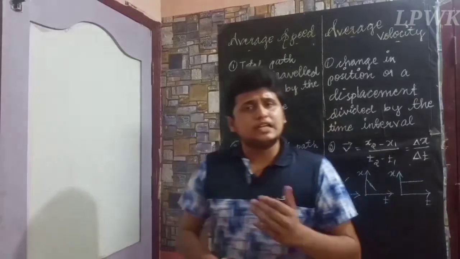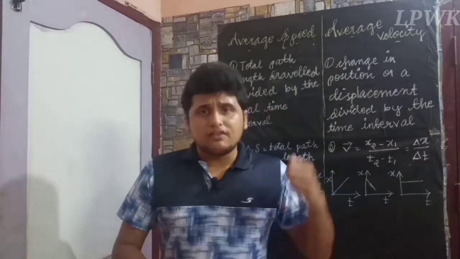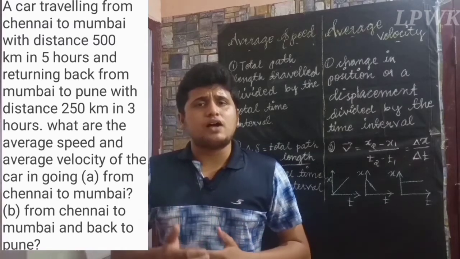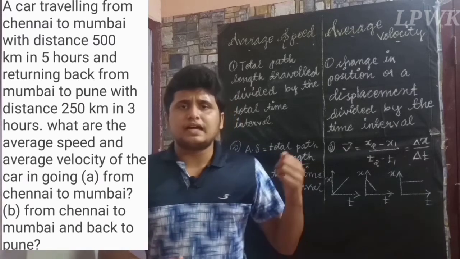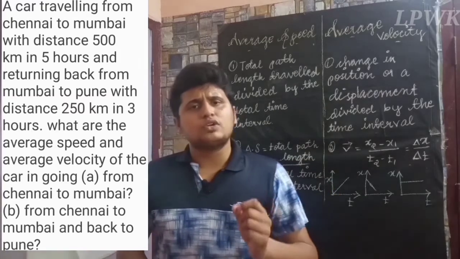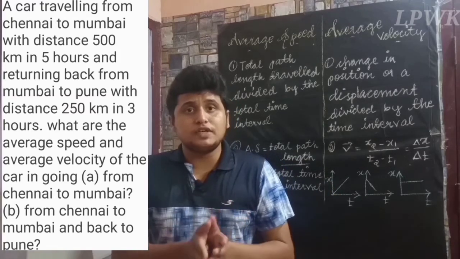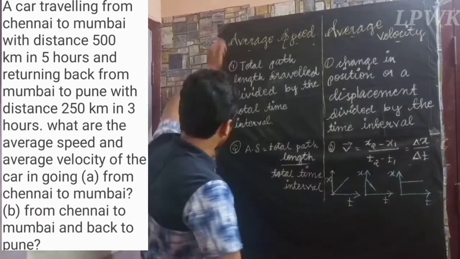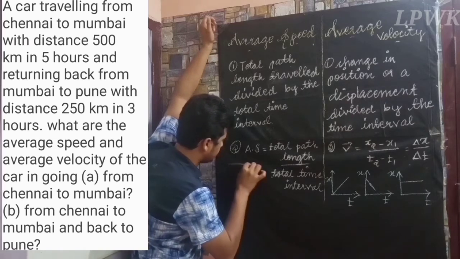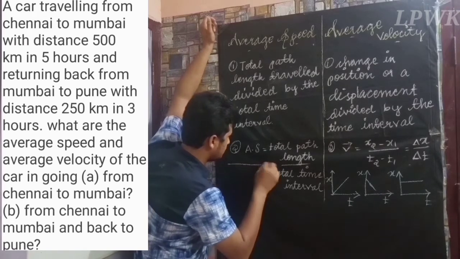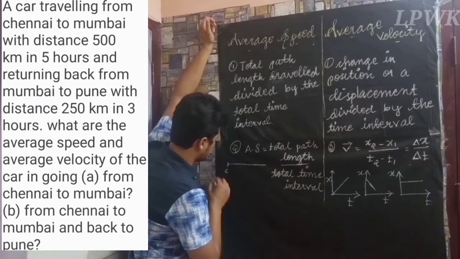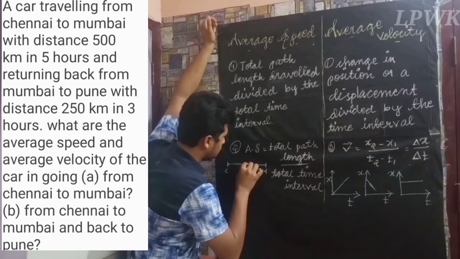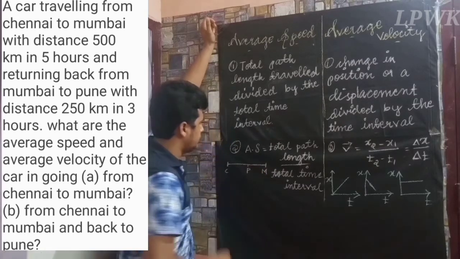Now going back to the same problem, to find the average speed, they have given the values and asked us to find the average speed and average velocity. In option A, they have asked for the average speed between Chennai and Mumbai. See here, I will draw the graph, Chennai and Mumbai, and in between, Pune is located here.